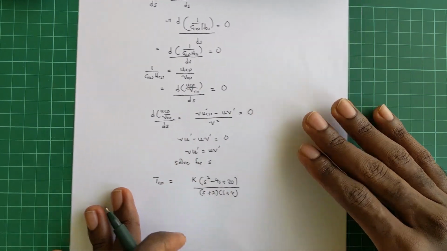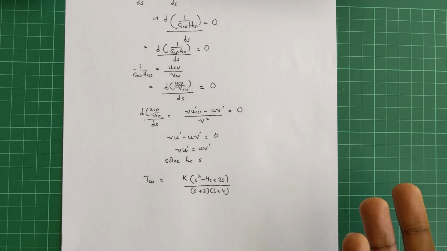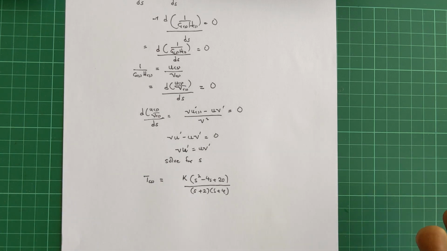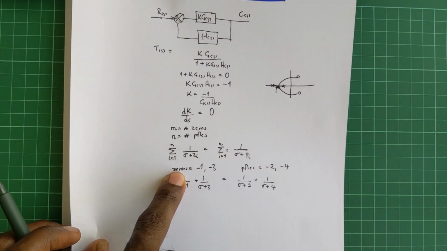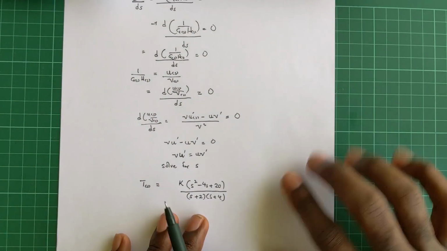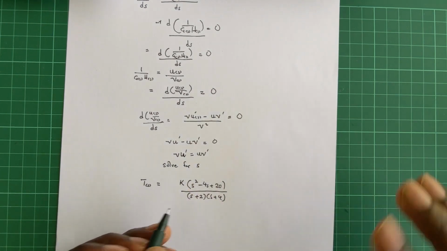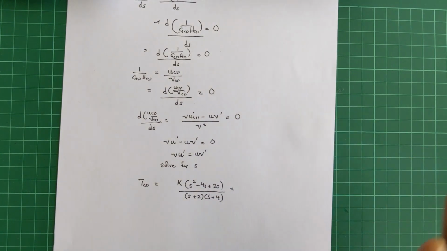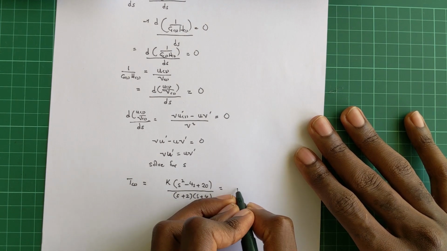So all you have to do now is, at this particular point, we're not really interested in what the zeros are and what the poles are for this equation, because typically when you're using this method, you'd have to know what your zeros and poles are. For this one, all we have to do is expand. Of course, we know our poles are -2 and -4. Our zeros will be complex numbers, 2 plus 4i and 2 minus 4i. But let's neglect that for now.